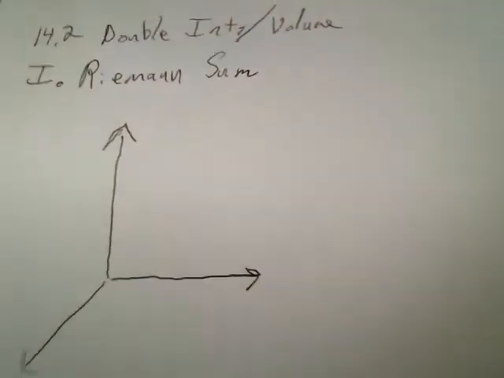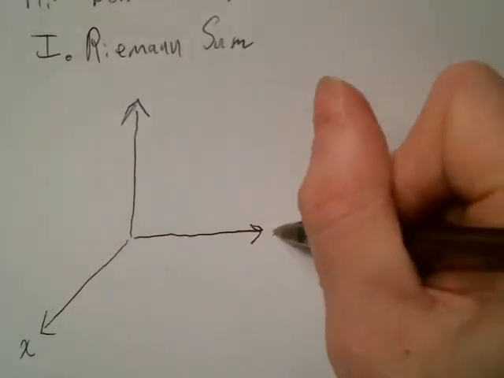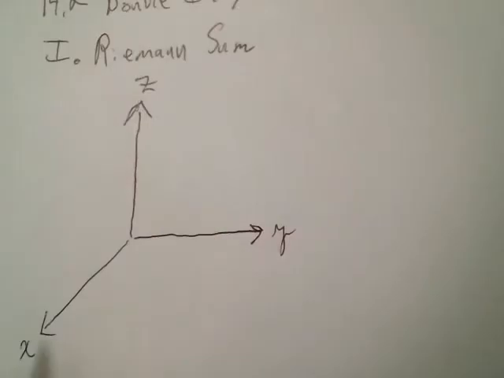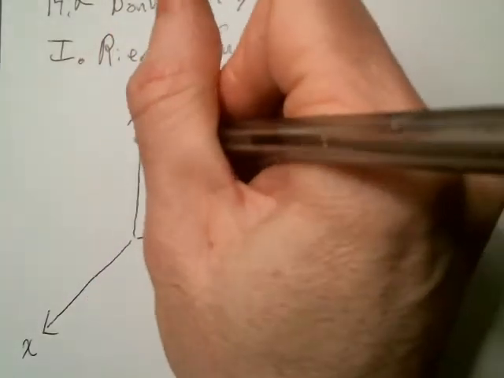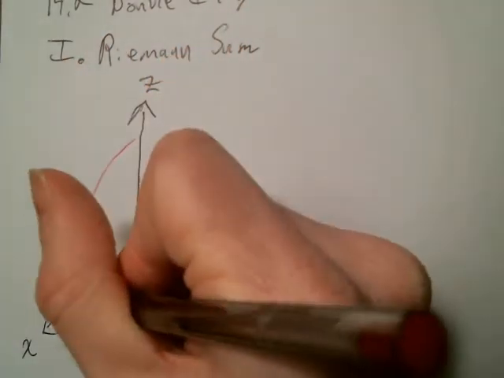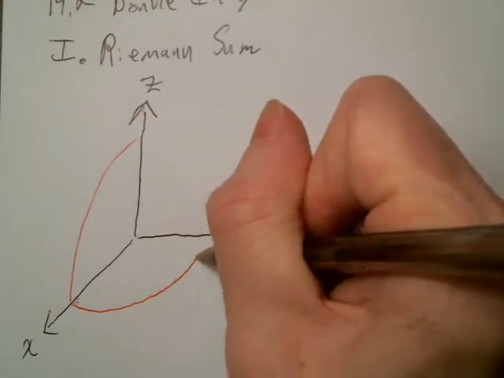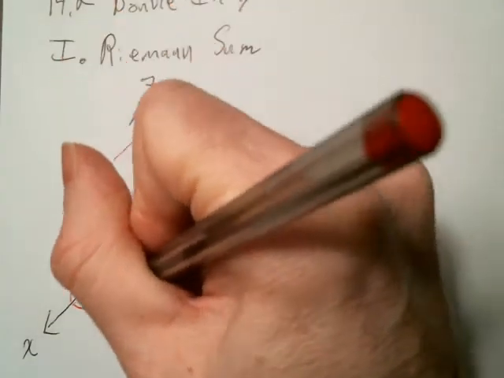Right? So here are our axes: your x-axis, your y-axis, your z-axis. And then we'll have some surface over top the xy plane. We'll just keep it in this one octant. So here's my sort of bubble surface.